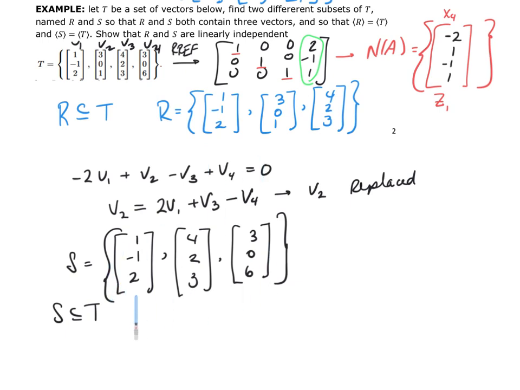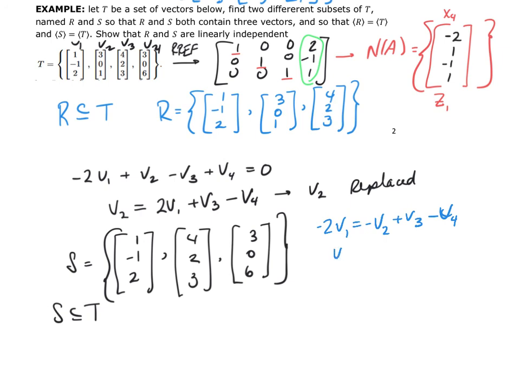Here is a second choice, and again, I could have chosen a different one by replacing V1. Let's solve for V1. So -2 V1 is going to equal -V2 plus V3 minus V4. But the problem here is that I'm going to end up having to divide everything by -2.